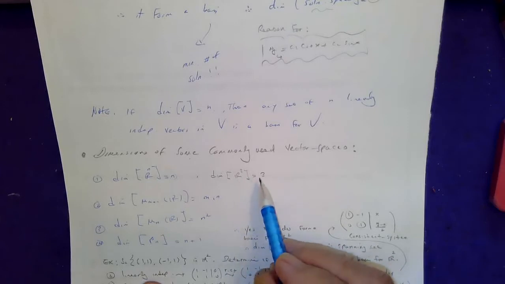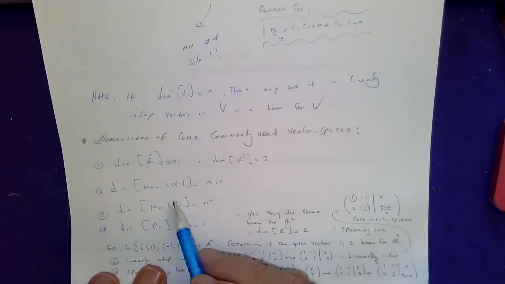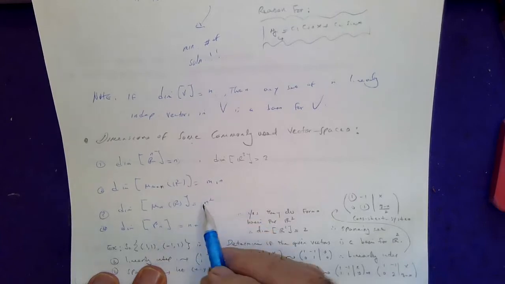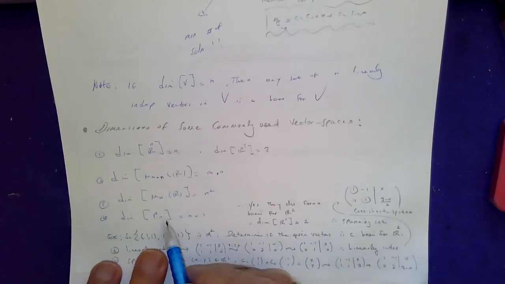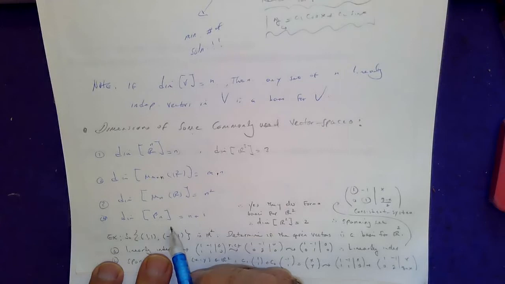The dimension of m by n matrices, m as in Mary, n as in Nancy, is m times n. The dimension of square matrices is n squared. The dimension of polynomials of degree n or less is n plus 1.